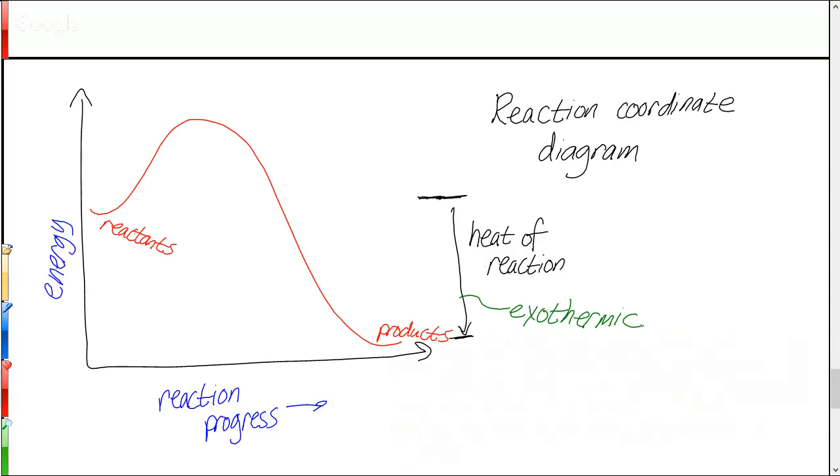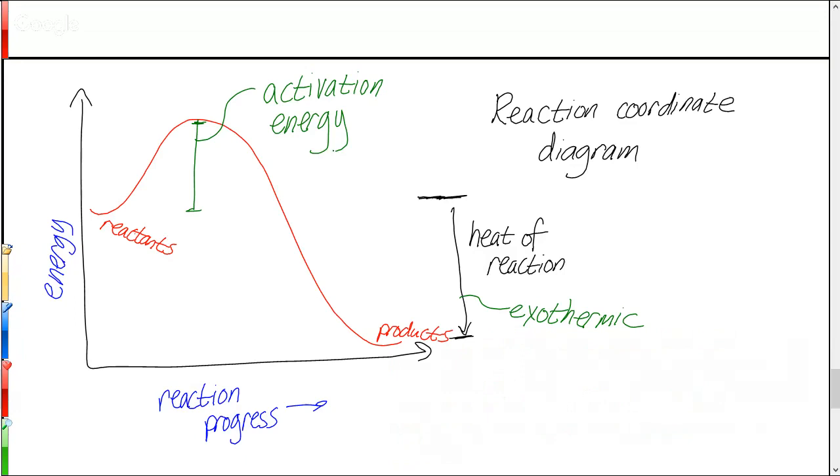And that's what that first hump is. That's called the activation energy. And that's the amount of energy required to start the reaction up.